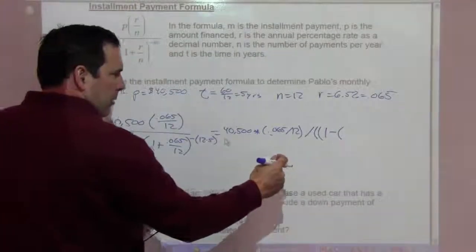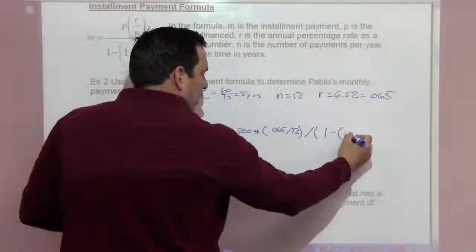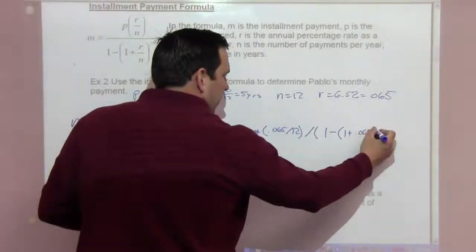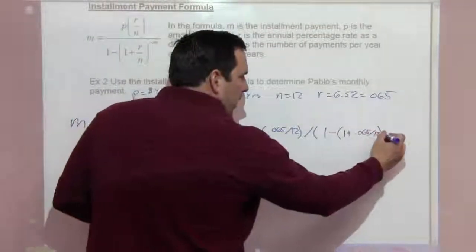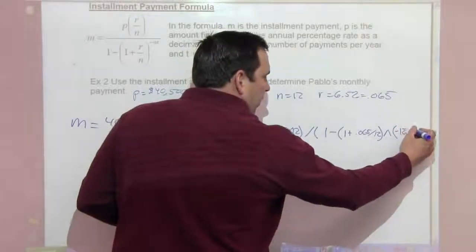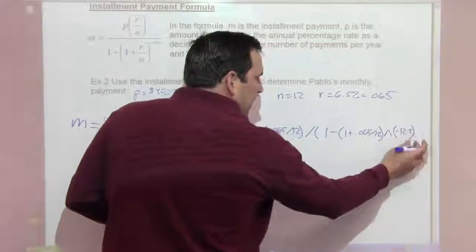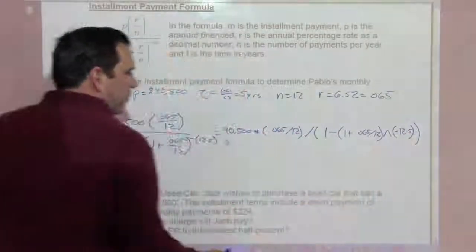We may not need the double parenthesis, so I'll take one out. 1 minus 1 plus 0.065 divided by 12. Close that one. This part's getting raised to the power, parentheses, negative 12 times 5. Close that parenthesis. That takes care of this part. Close it again. That takes care of the whole denominator.